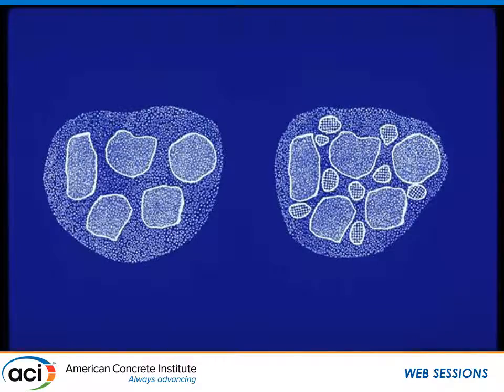What happens in our particle distribution, just like we want gradations of our aggregates to be distributed over a range of sizes, we also can take advantage of particle packing with our cement materials.